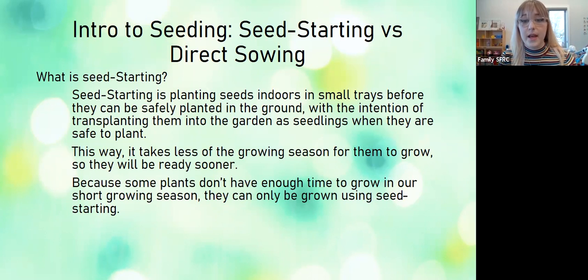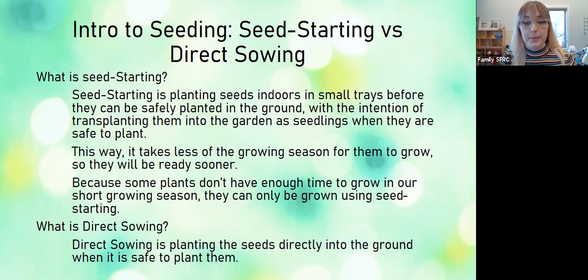Because some plants don't have enough time to grow in our short growing season, they can only be grown using seed starting. And what is direct sowing? Direct sowing is planting the seeds directly into the ground when it is safe to plant them. So for us in our garden boxes, we are doing direct sowing because for seed starting, we would have to start much earlier and we need some space to do that, which we don't have.